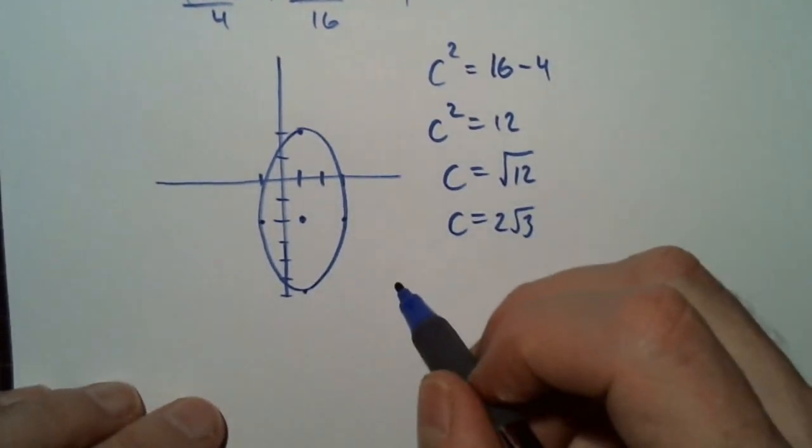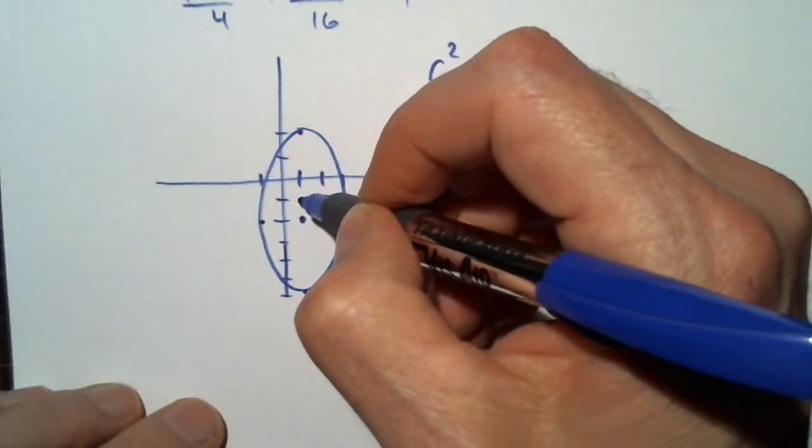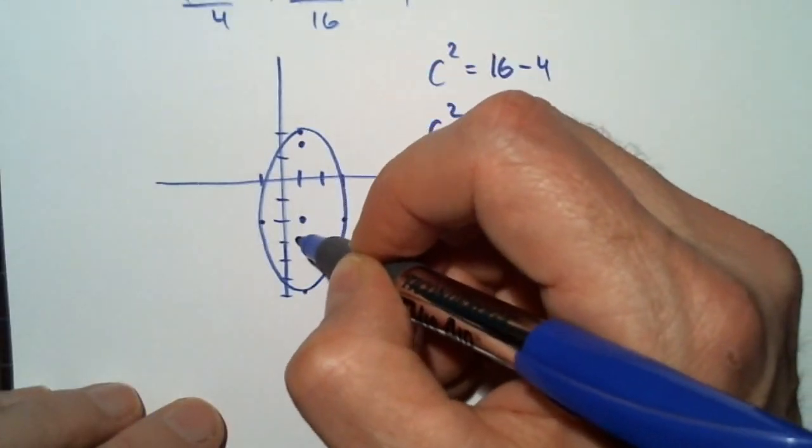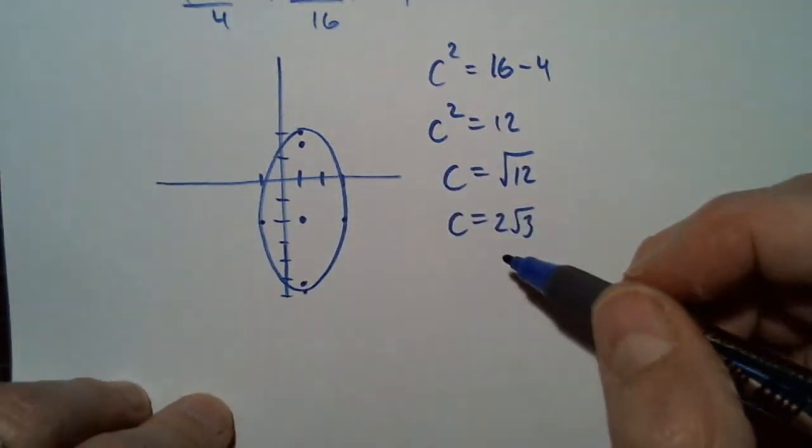And we could say that, well, that's about 3.5. So 1, 2, 3.5 in each direction.